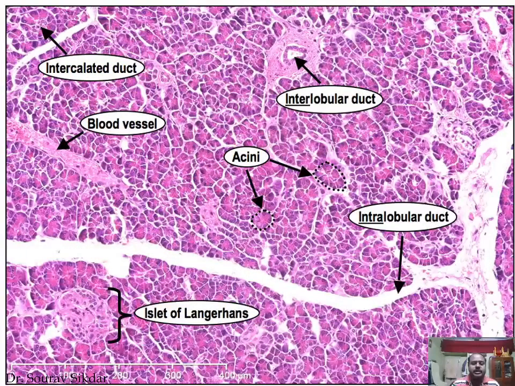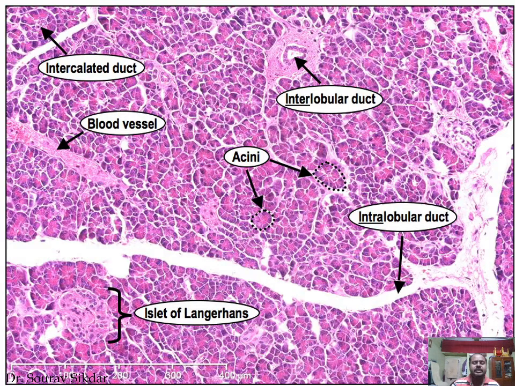Next, this is the histological structure of the mammalian pancreas, the TS of the mammalian pancreas. This picture easily gives the idea that these violet or pink colored cells spread throughout the slide are the acini, the most interior fragmented parts, which are the acinar cells, which are uninucleated.